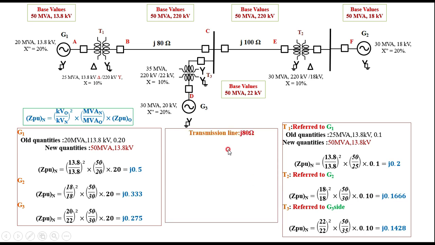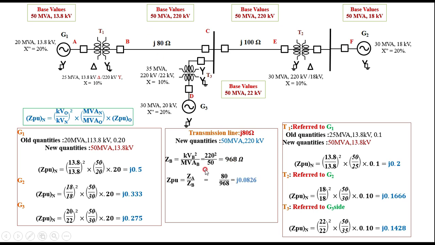Then for transmission lines J80 and J100 ohm, the base values are the same. Therefore actual values are given. You have to find out the base impedance. Therefore base impedance I am getting is 968. These are the base values, base MVA and base kV. From that, using the standard equation, I am getting the base impedance here.